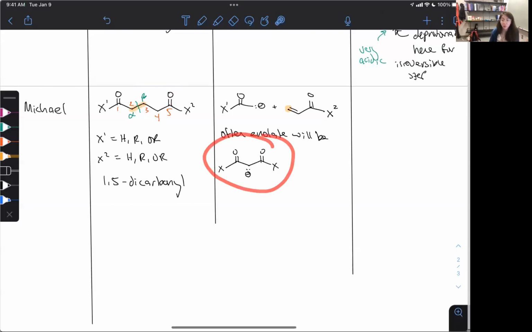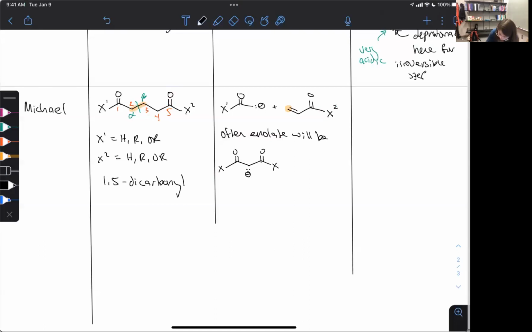As soon as you throw in a 1,3-dicarbonyl, your base is going to go straight for those acidic protons and not any other carbonyl protons. So depending on if X2 over here is a ketone, for instance, and you throw in a 1,3-dicarbonyl, that is for sure going to be your enolate, and you won't have any weird aldol reactions happening and messing things up if you want to do the conjugate addition.